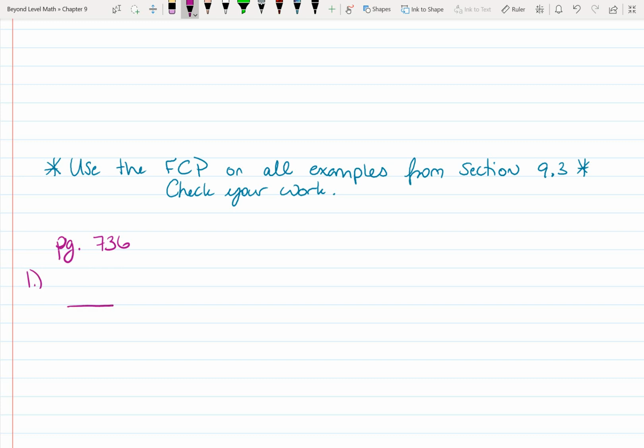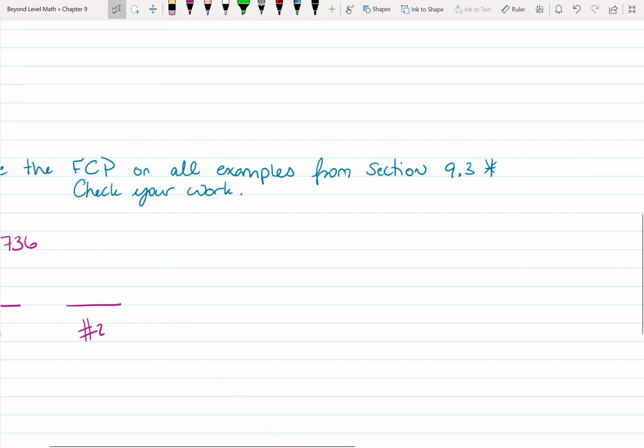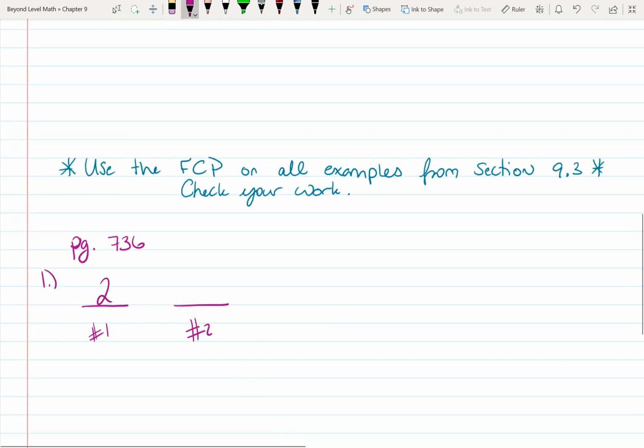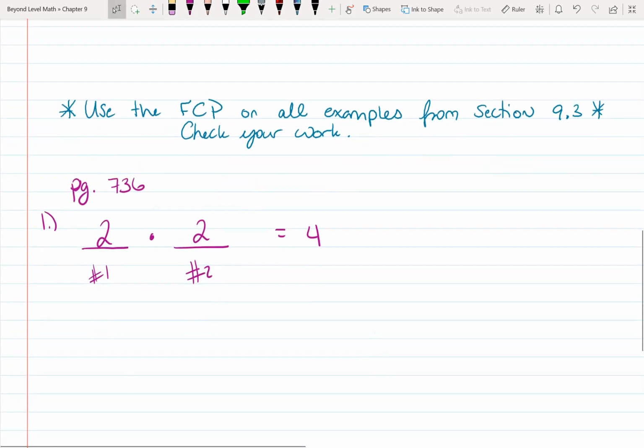This is your first toss. This is your second toss. For the first toss, you've got 2 options, heads or tails. For the second toss, you've got 2 options, heads or tails. Multiply them together to get 4 total options for your sample space. And if you're looking back at your work, your final answer there should have been heads heads, heads tails, tails heads, tails tails. So that's 4 options.